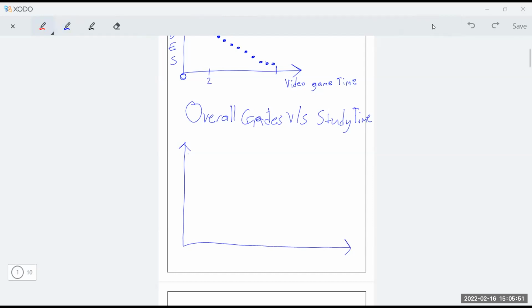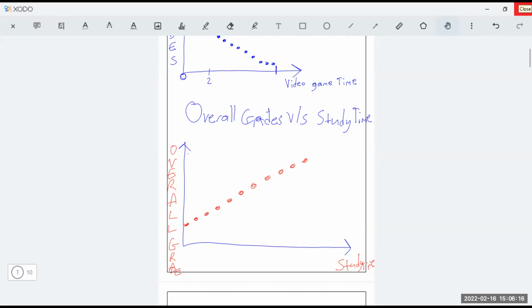The less time you spend studying, it's gonna gradually increase over time as you study more. Remember, this is hypothetically speaking. We'd have to carry out the research and actually examine it. So hypothetically speaking, this is what should happen. Our overall grade should increase.